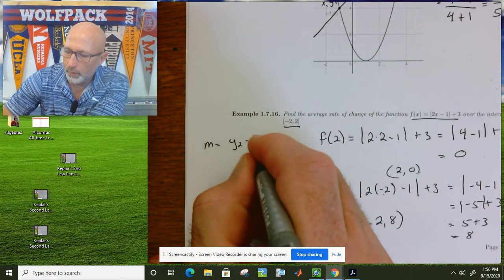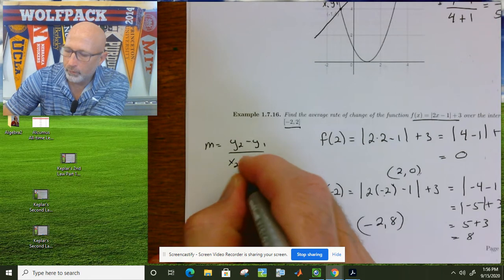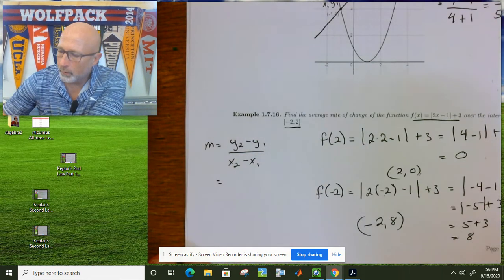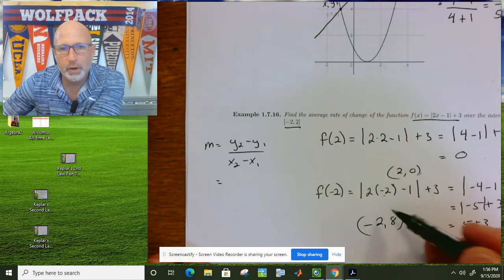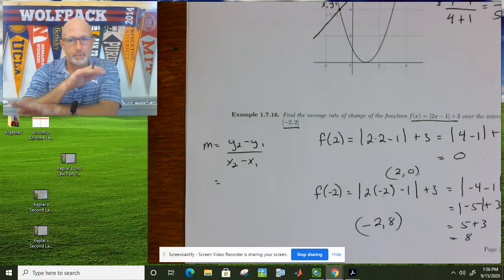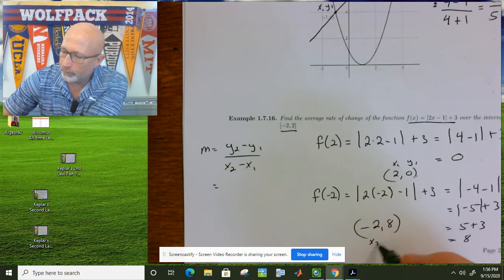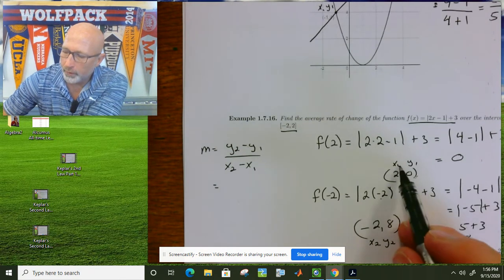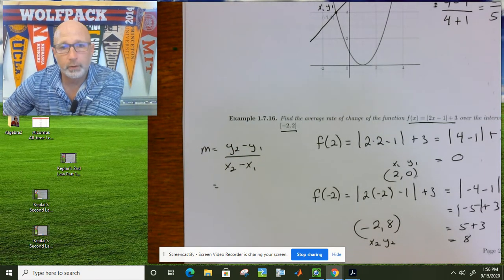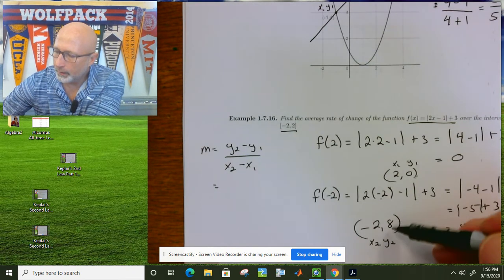So I have m is equal to y2 minus y1 all over x2 minus x1. It doesn't matter which one you choose as your x1, y1, just don't mix them up. Okay, so if this is going to be your x1, y1, and this is your x2, y2, just make sure the 1 goes with the 1 and the 2 goes with the 2.